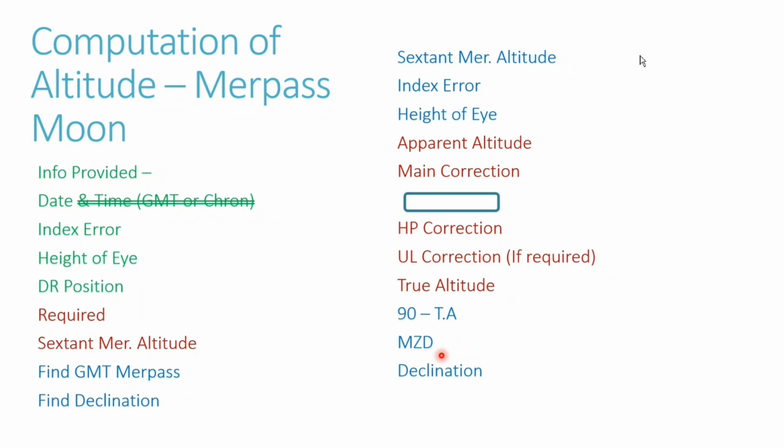We combine this MZD with the declination of the moon, and combining these two, we get the observed latitude of the moon. So this was the normal procedure which we followed when we solved a meridian passage observation of the moon.